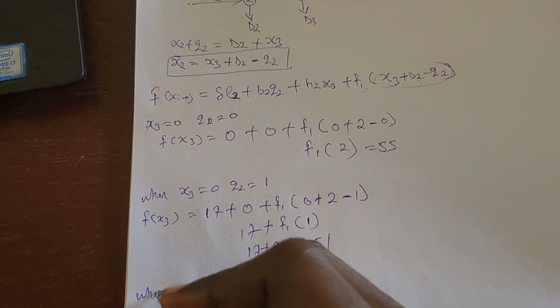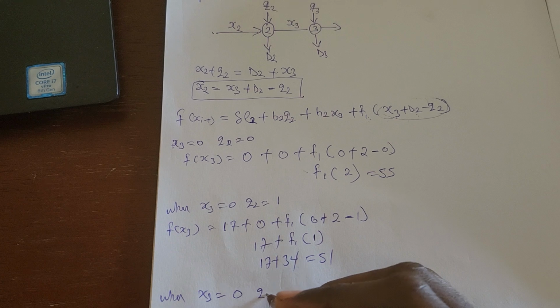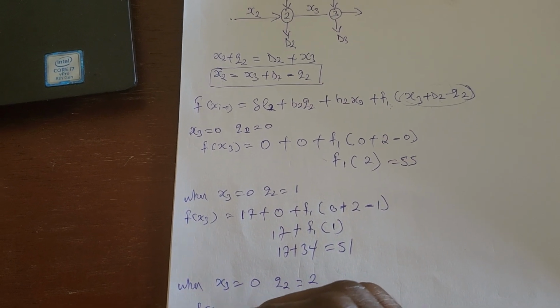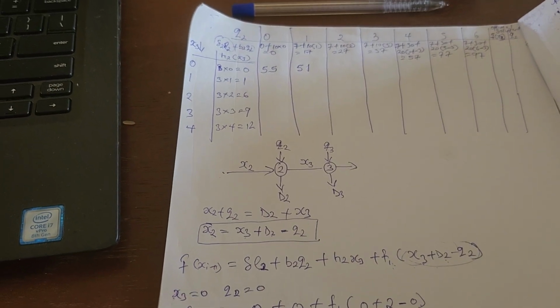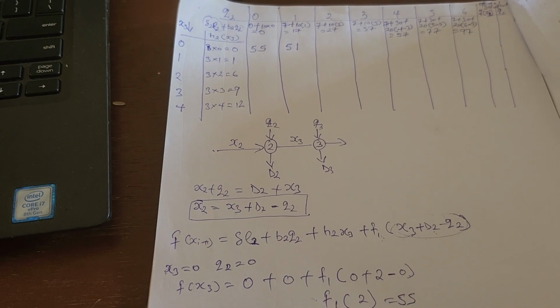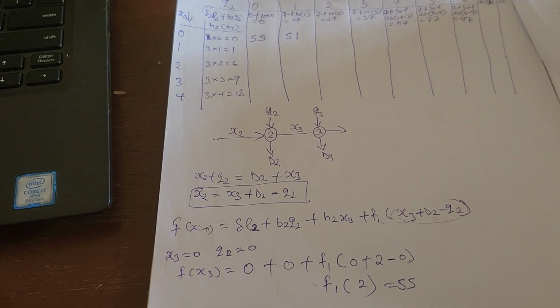When X3 is equal to 0 and Q2 is equal to 2, f of X3 is equal to our purchase and setup cost at this point, which is 27, plus our holding cost, which is 0, plus F1 of 0 plus 2 minus 2, right?